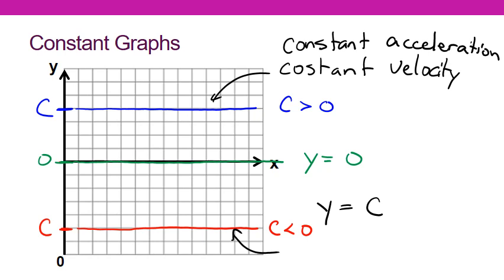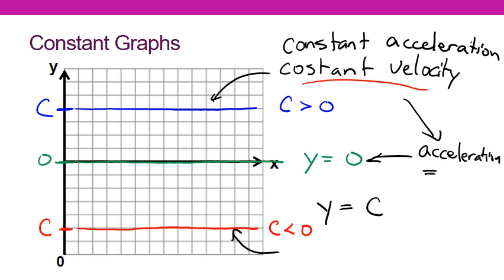Now, interestingly enough, if we have a constant velocity graph, then our acceleration is also a constant acceleration graph, but it's this one. So if we have constant velocity, then our acceleration equals 0. And so we have this 0 graph.